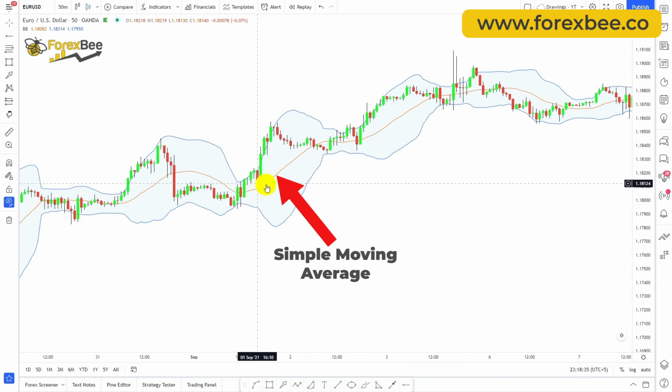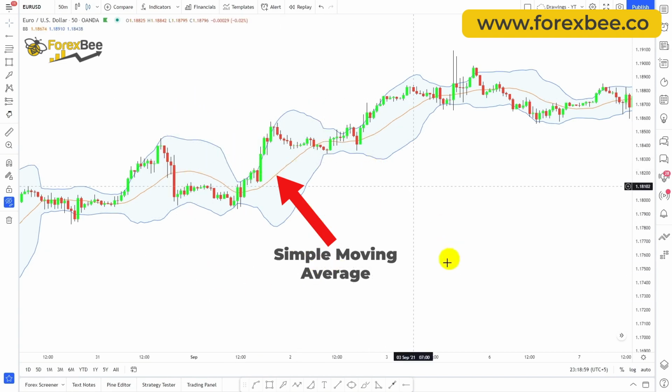If you are not familiar with the simple moving average line, let's say you are considering the last 9 candles. It takes the source, in this case let's say the close, so it would take the close of the last 9 candles, add them up and divide by 9.